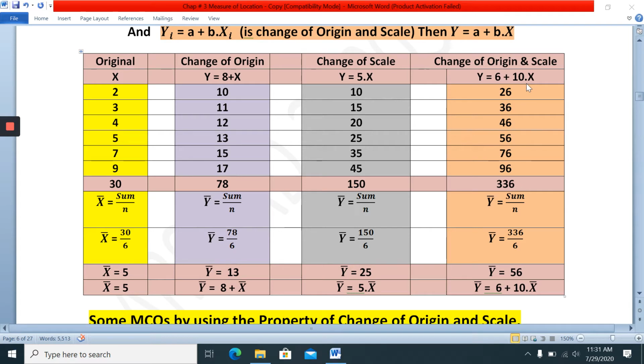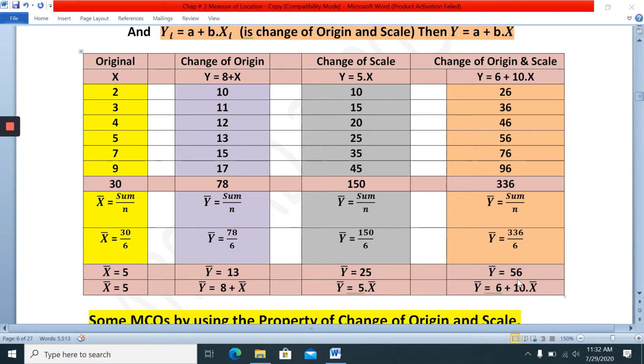Now if you use the change of origin and scale property, what is the property? Y is equal to 6 plus 10x, this becomes y bar, and 6 plus 10 times x bar. So how to get the answer of y bar? Just multiply by the x bar answer, which is 5. So 5 times 10 is 50, 50 plus 6 is 56.